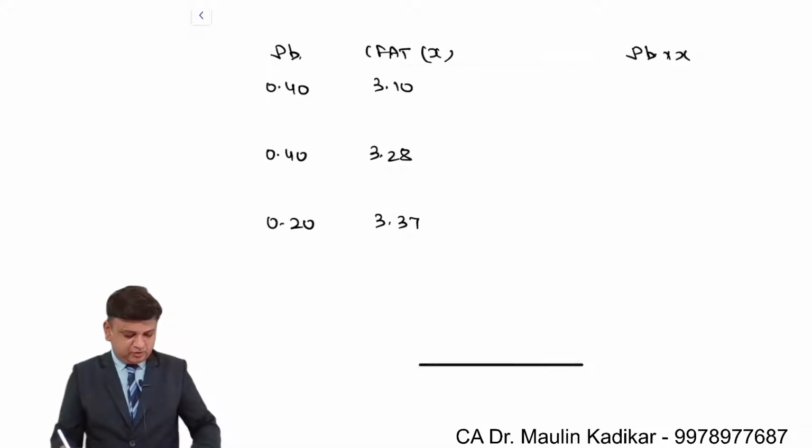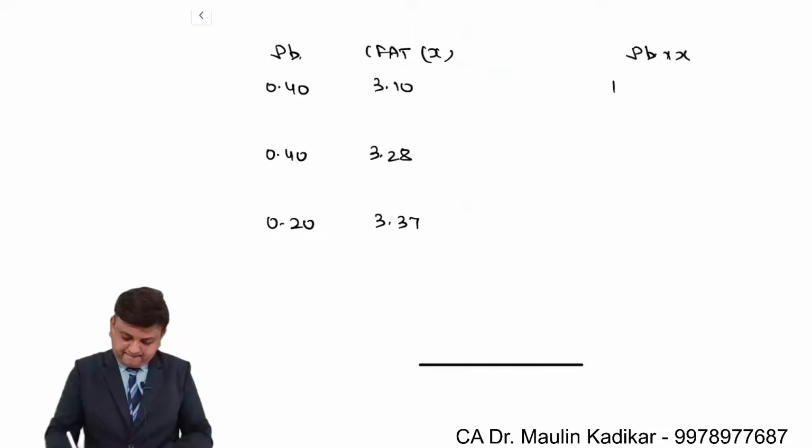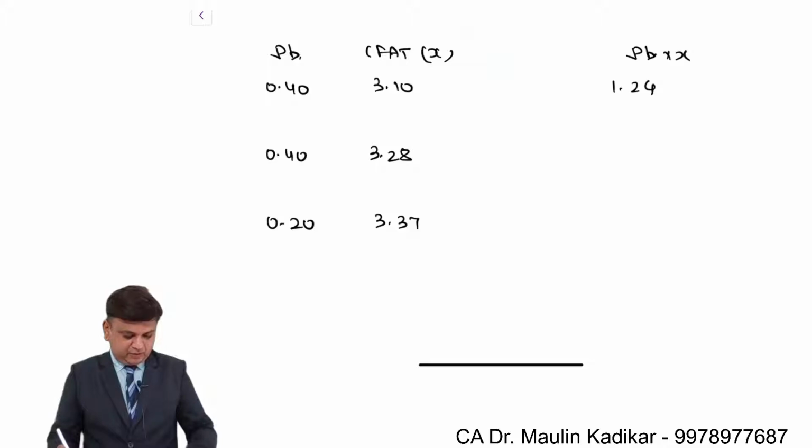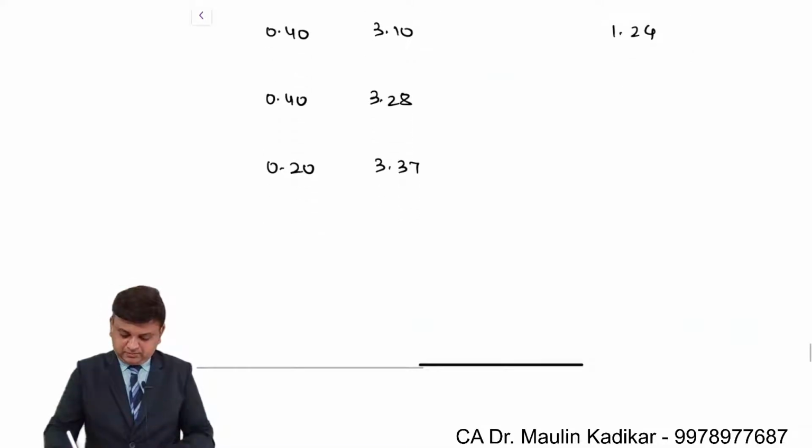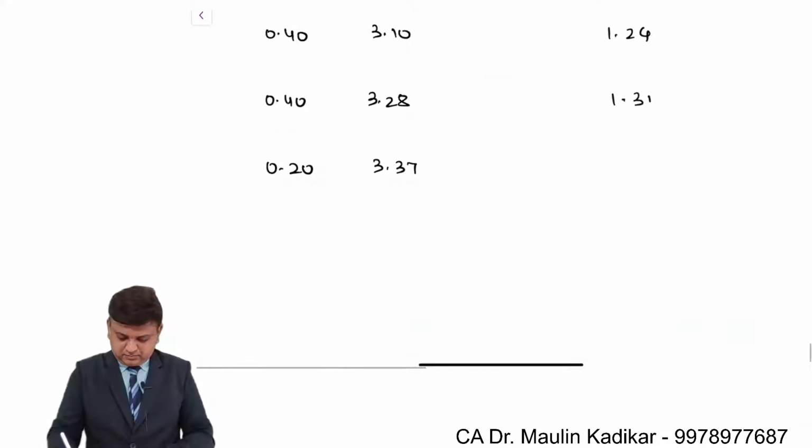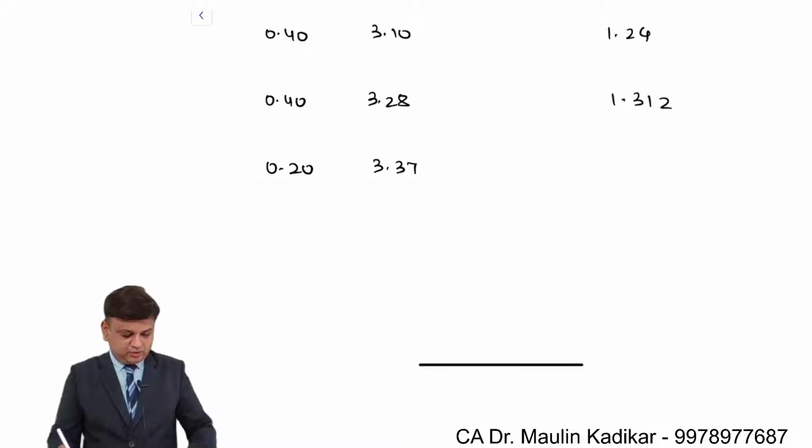So 0.4 into 3.10, that is 1.24. 0.4 into 3.28, that comes to 1.312. 0.2 into 3.37, 0.674.